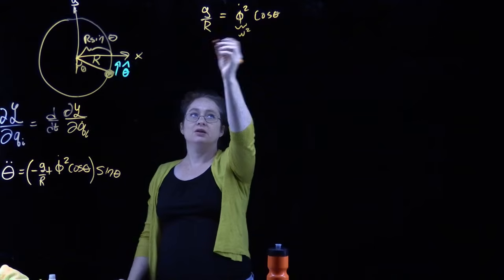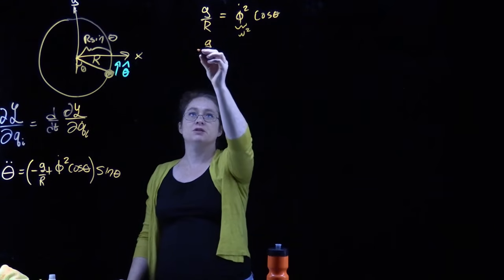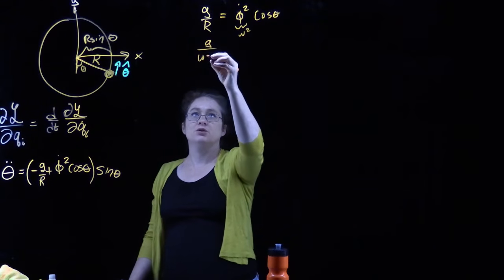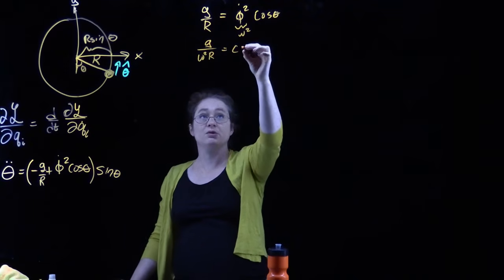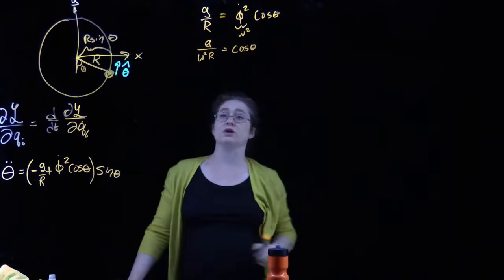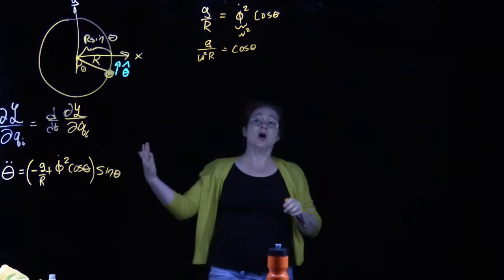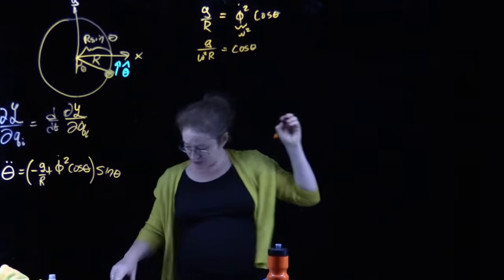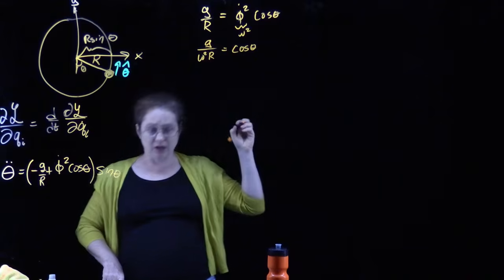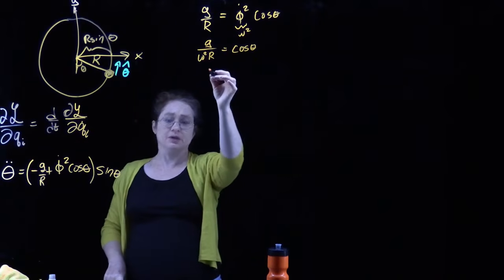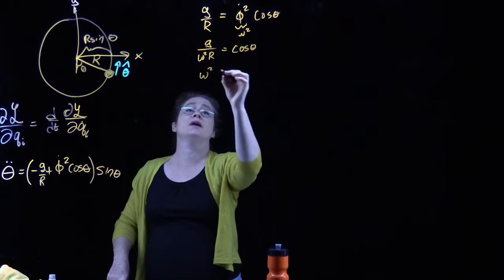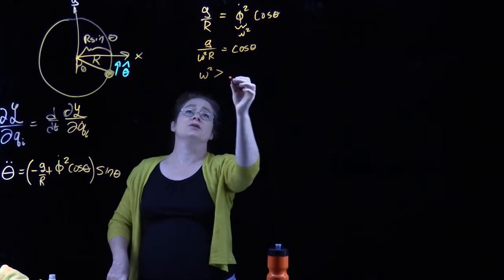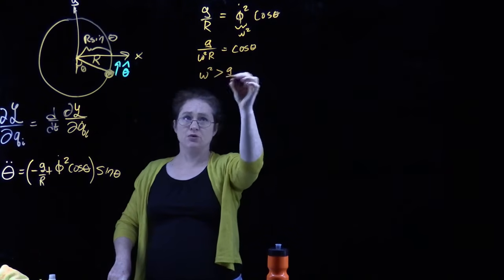So you will get equilibrium positions where cosine of theta is equal to g r over omega squared. So you will only get equilibrium positions if omega squared is greater than g over r.